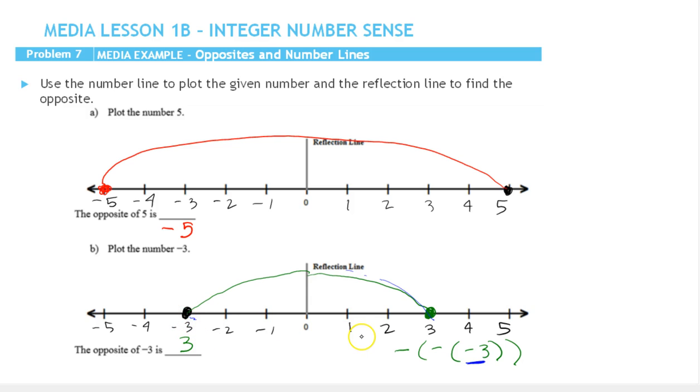So basically this would be negative 3. So notice every pair of taking opposites will undo each other. If you take the opposite twice, 1, 2, you get back to where you started. So keep this idea in mind when you have all of these opposite symbols and you need to make sense of them.